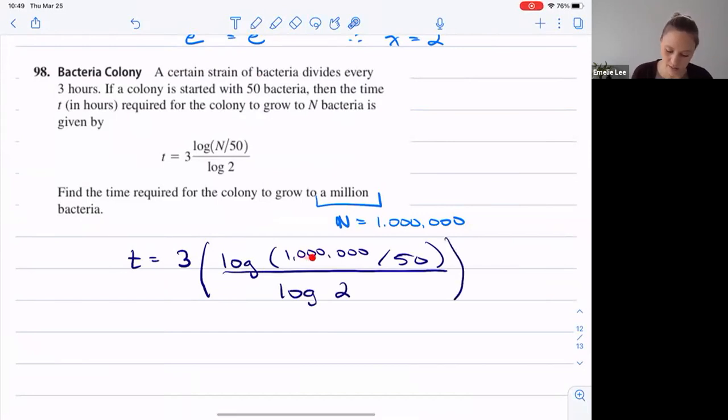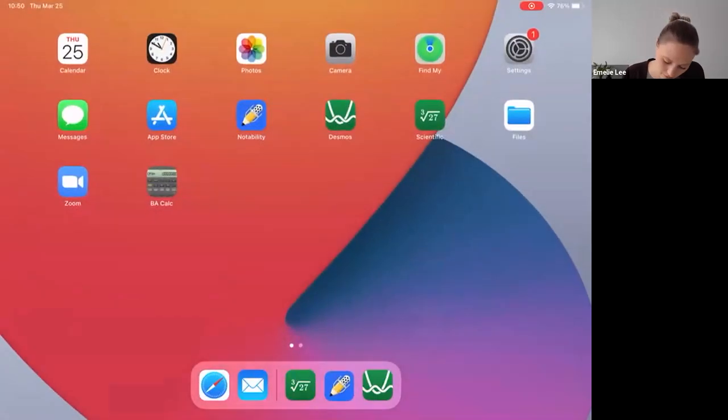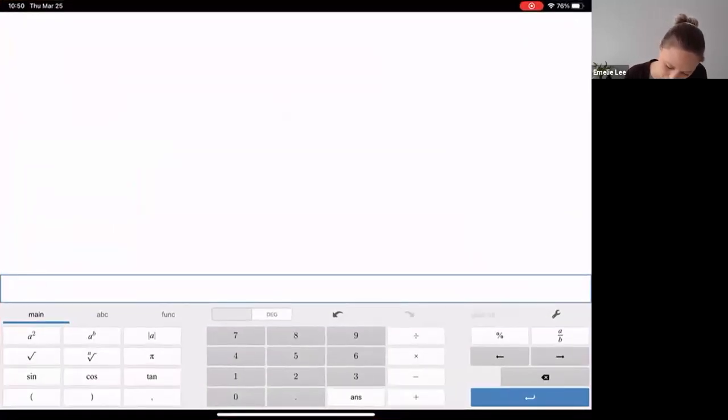So what we're going to do is simplify inside the log first. Then I'll take the log of that, divide it by the log of 2, and then multiply it by 3. So it's just a button-pressing math problem in the end.